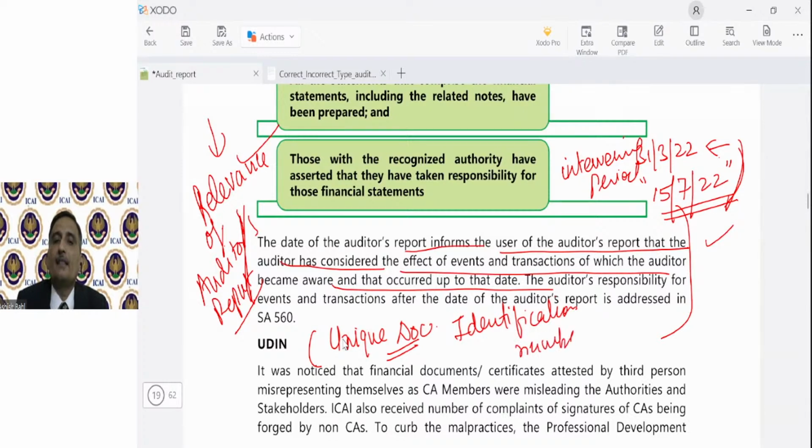Now how is this generated? There is a portal, the ICAI UDIN portal.